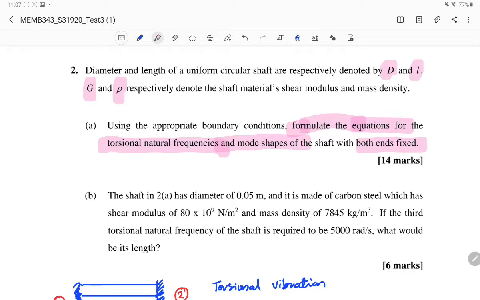In part B, they give you some parameters and want you to compute the third torsional natural frequency of the shaft. Once you know the expressions for torsional natural frequencies, you can actually calculate that.